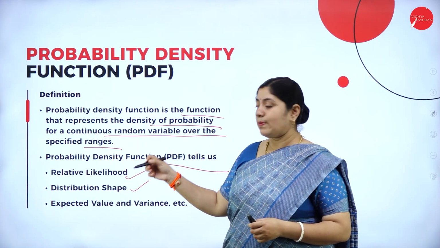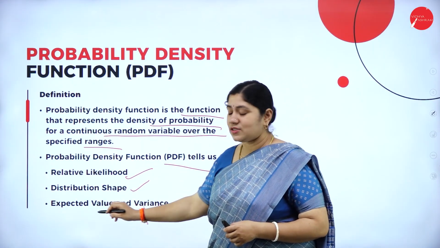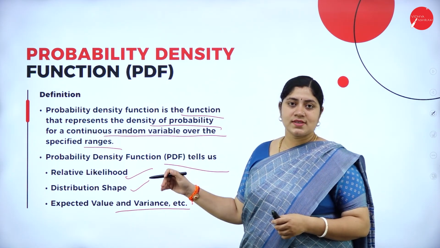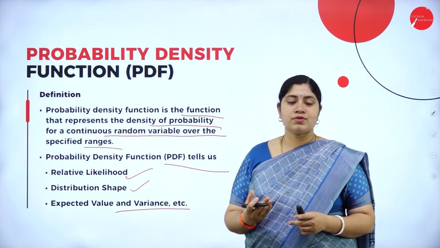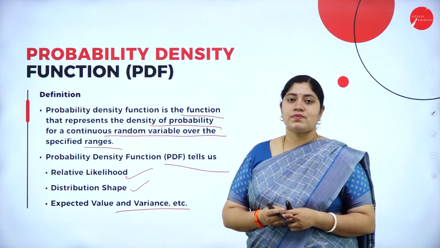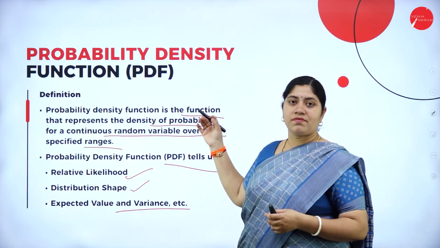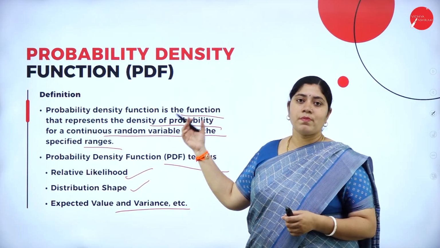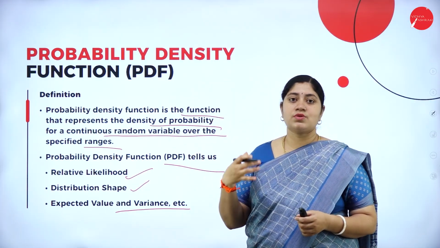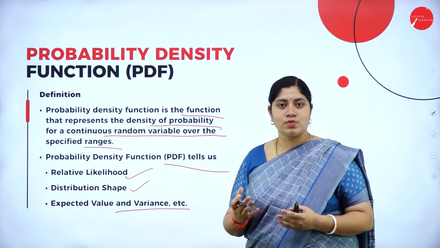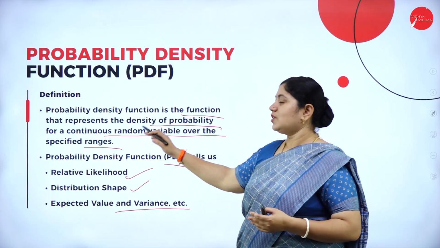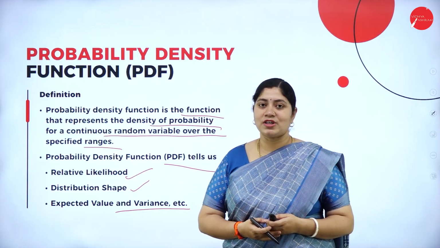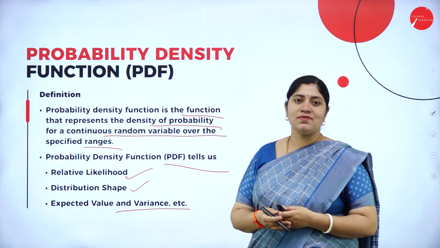It can also represent the expected value as well as the variance. If you get these, it will be very helpful to make a decision. So PDF is one of the best properties we can utilize to represent continuous random variables. This is all about the probability density function.